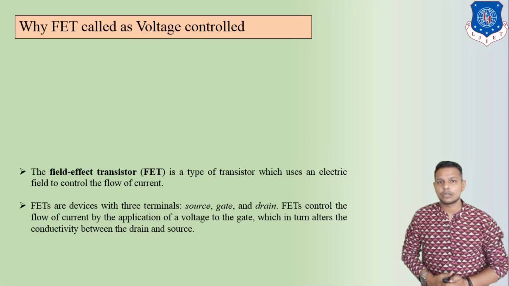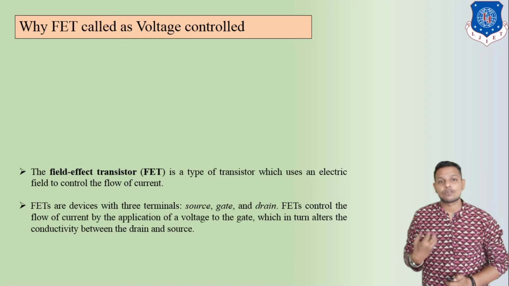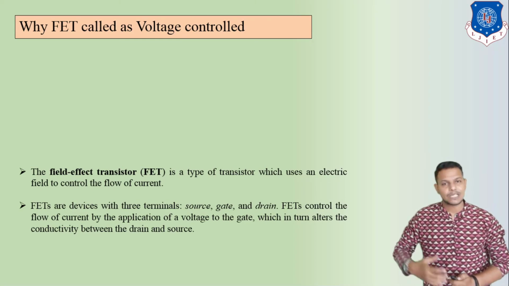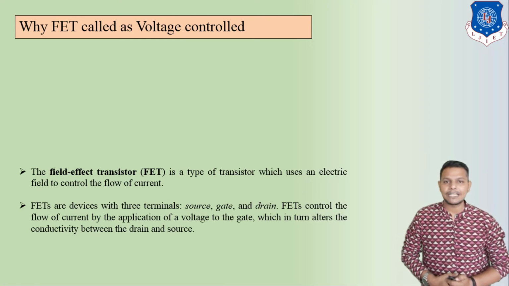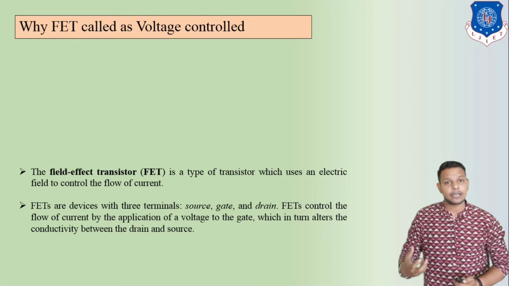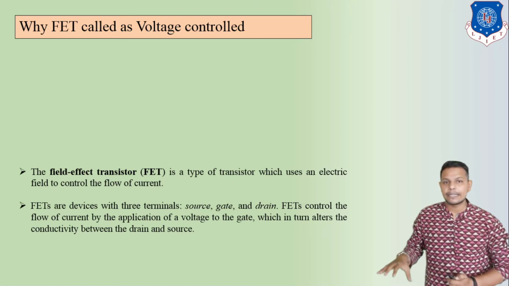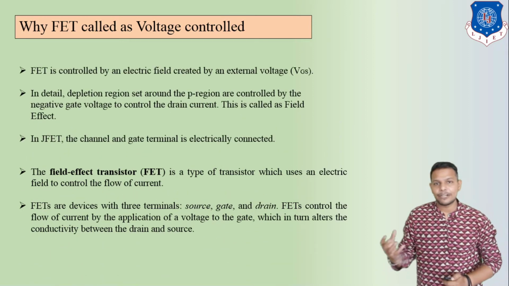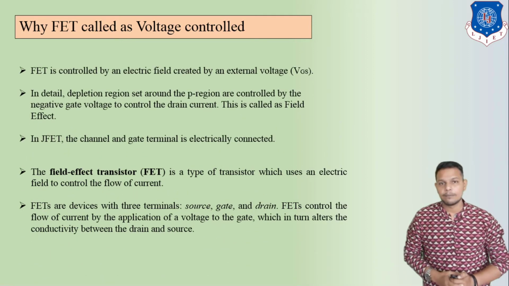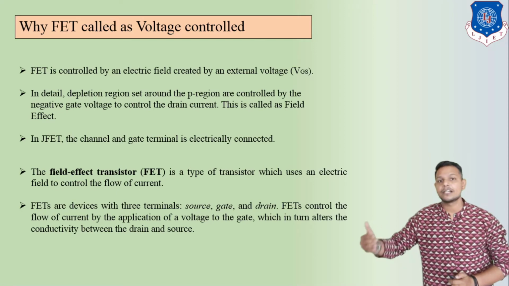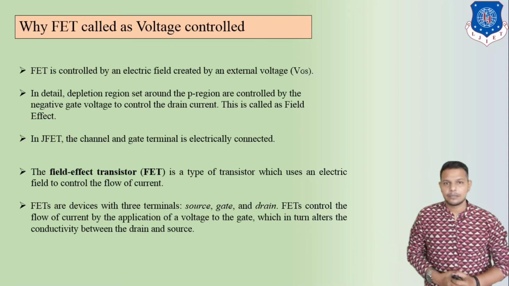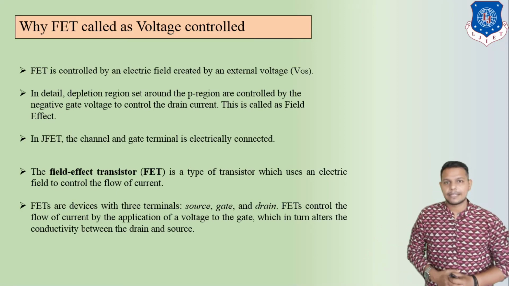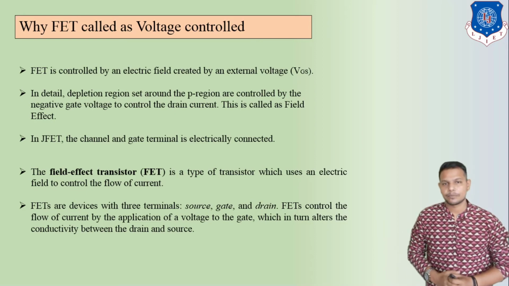Now let us discuss why FET is called a voltage control device. As we discussed earlier, BJT is known as a current control device, whereas FET is known as a voltage control device. FET is controlled by an electric field created by external voltage, as we discussed at first, that is VGS.